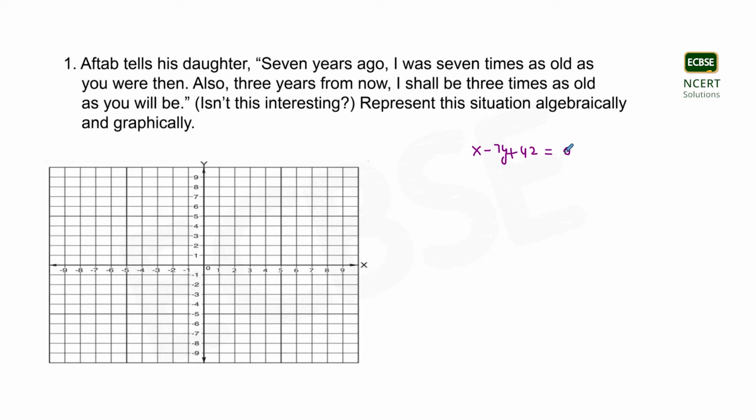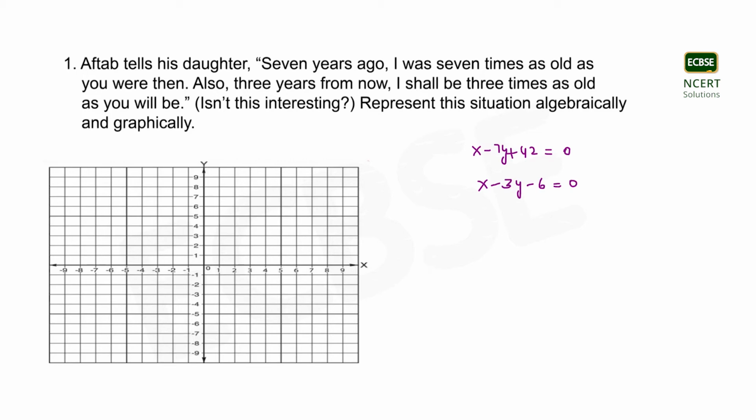And the second statement which we have marked algebraically was x minus 3y minus 6 is equal to 0, right? These two were the statements which we obtained from the situations provided in the question.